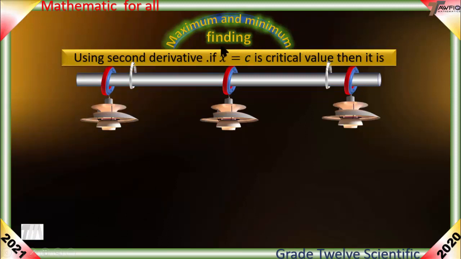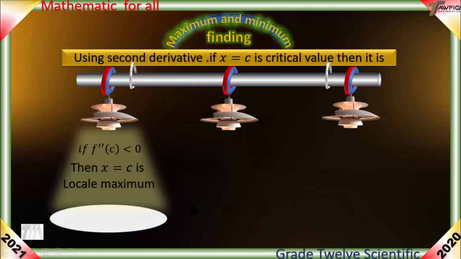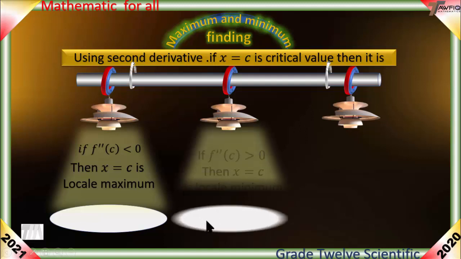Maximum and minimum finding using the second derivative. If x equals c is a critical value, then it is a local maximum if the second derivative, f double prime of c, is less than 0. That means if it is negative when x is equal to c.